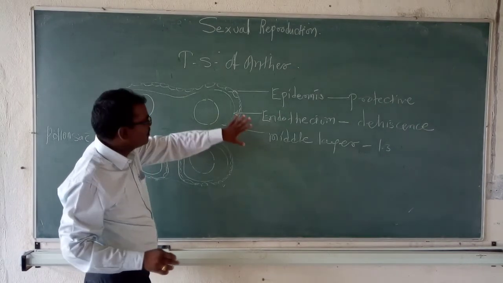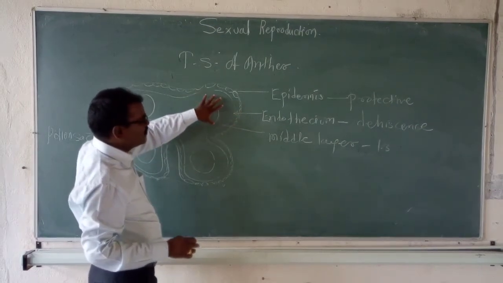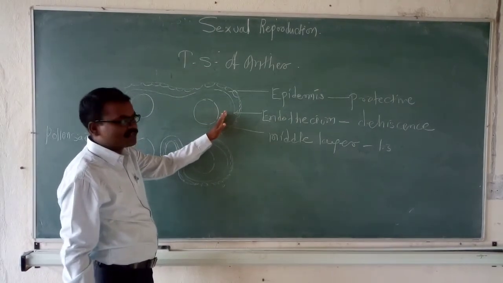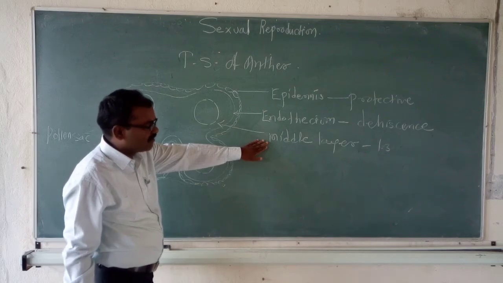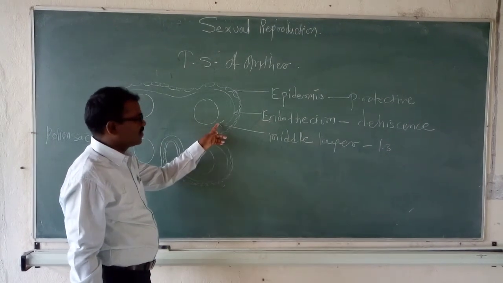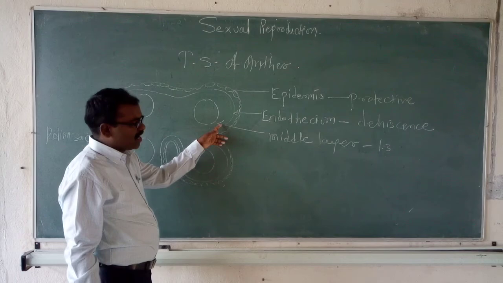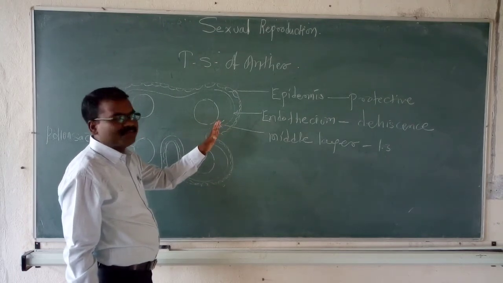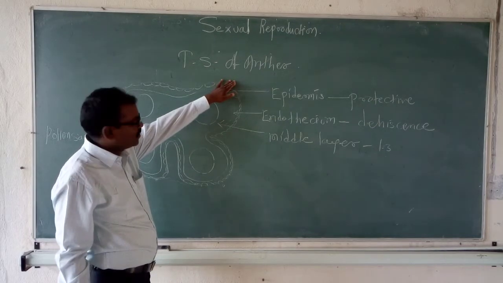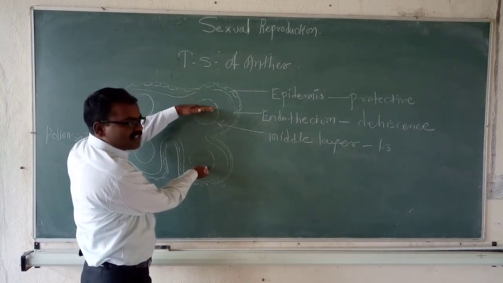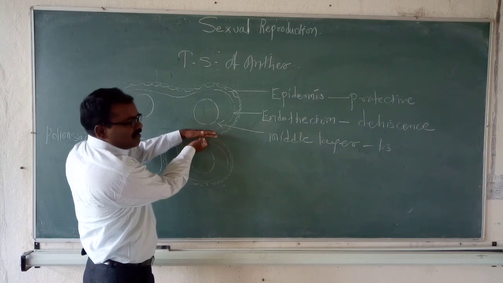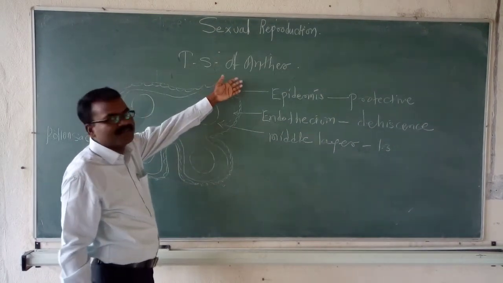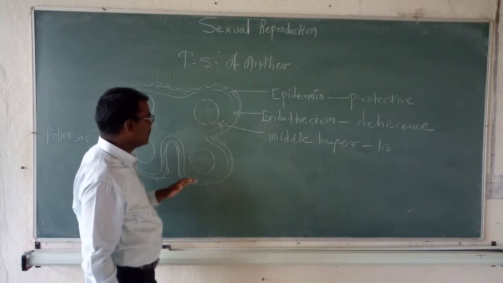To avoid complication, I simply labeled it here as a middle layer, but actually there are 3 layers present inside the endothecium. The middle layers disintegrate after maturation of the anther. The pollen sacs merge due to the disappearance of the middle layer after maturity of the anther.